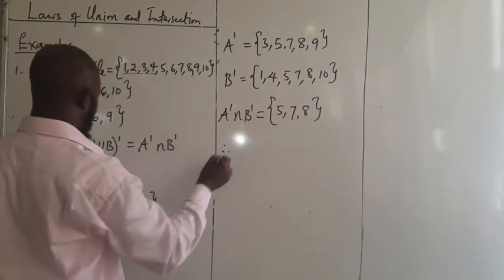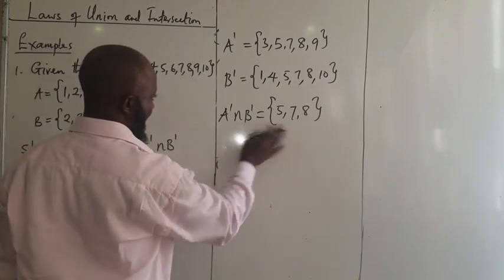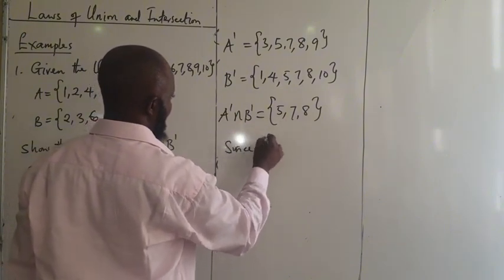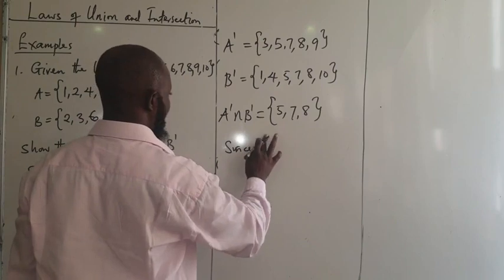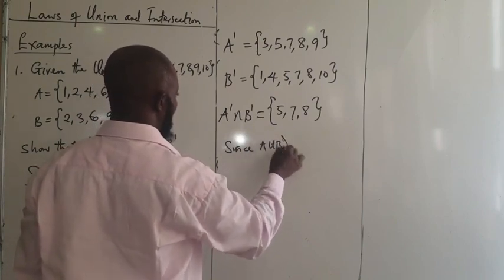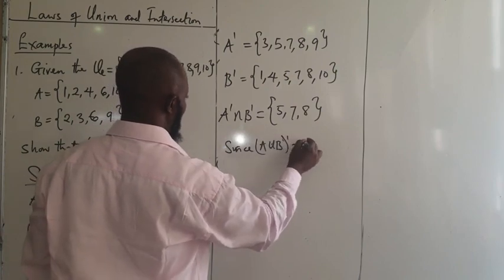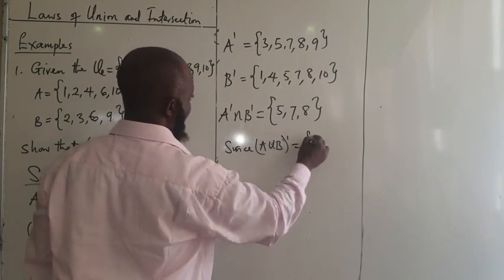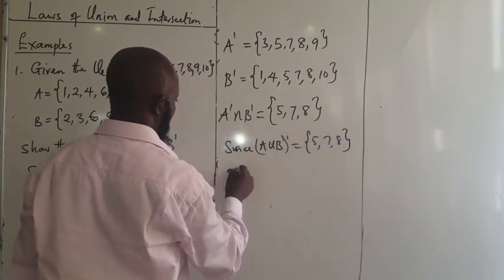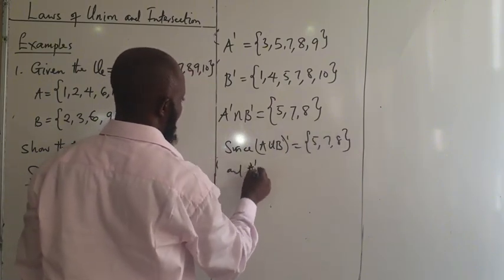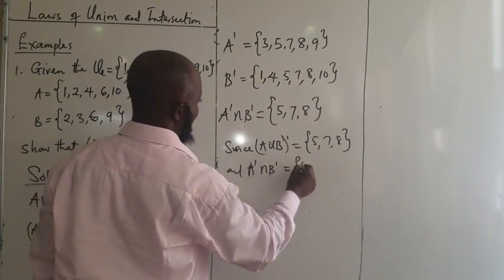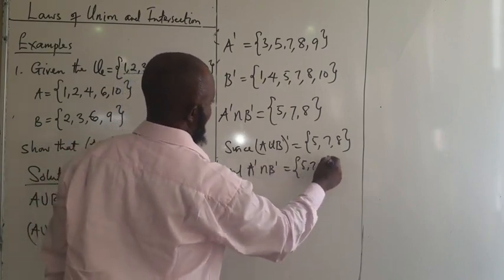Therefore, we can say that since A union B complement is equal to 5, 7, 8, and then A complement intersection B complement is equal to the same thing, 5, 7, and 8.